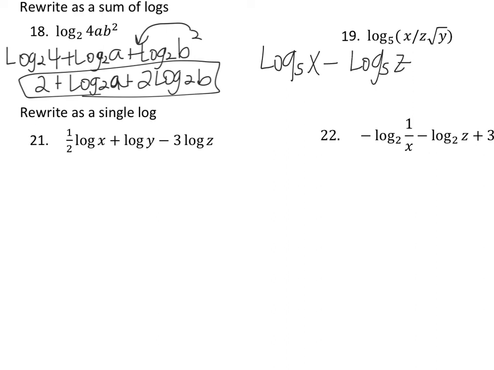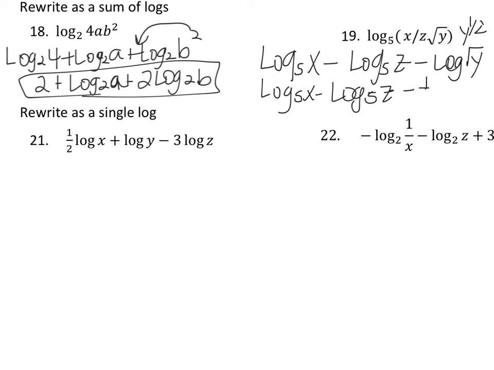And the square root of y is still in the denominator, so it has to be subtracted: log of the square root of y. And then the square root is the 1/2 power, right? So we're going to get log base 5 of x minus log base 5 of z minus 1/2 the log of y.